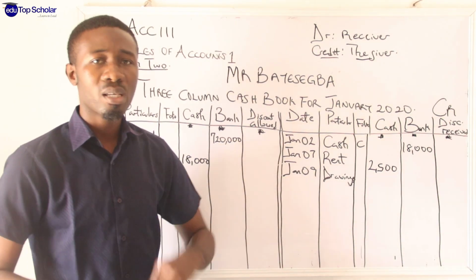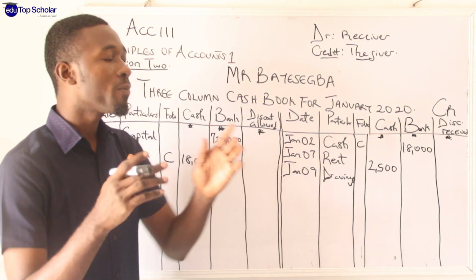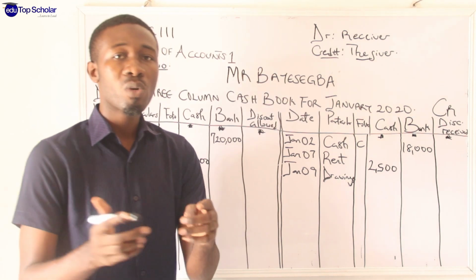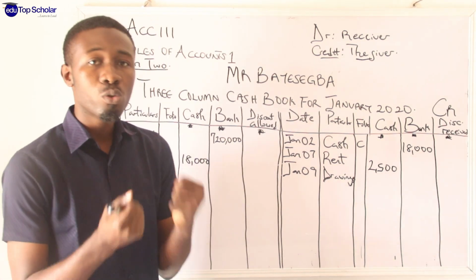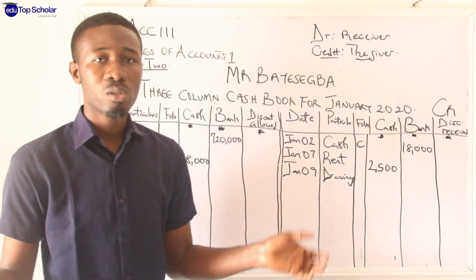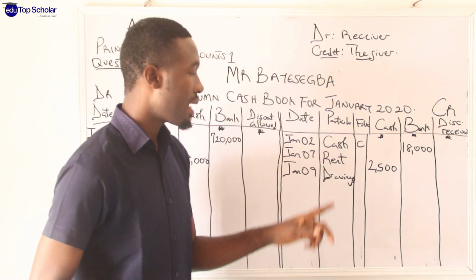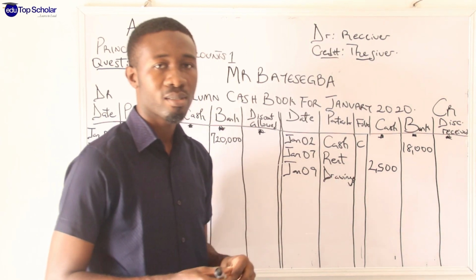Maybe for any purpose, he can use it to pay his children's school fees, he can use it to do anything. But when you find out that the money that was withdrawn from the business was used for any personal thing, he could have used it to purchase a car, he could have used it to do anything. It is still on the credit side and it will be recorded as drawings.